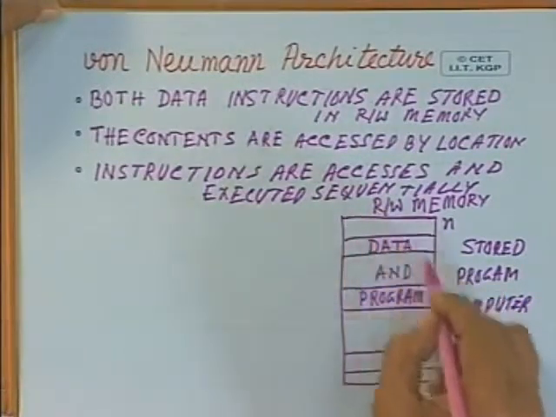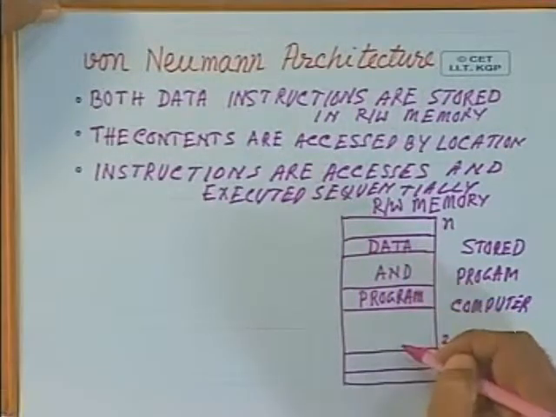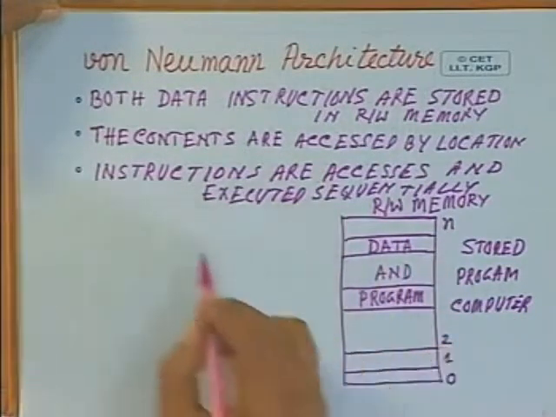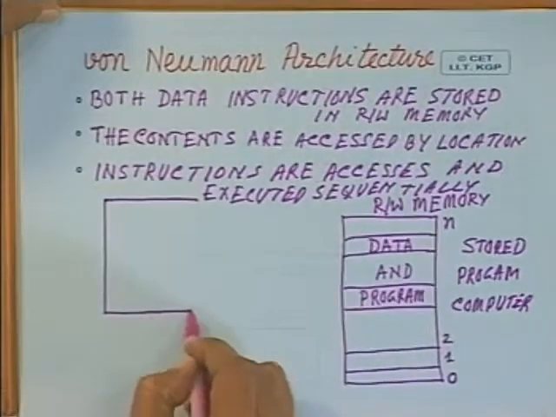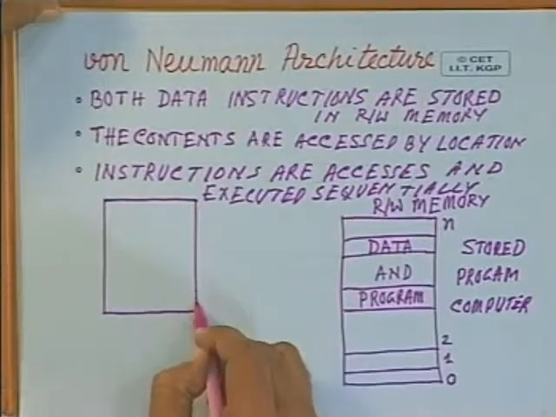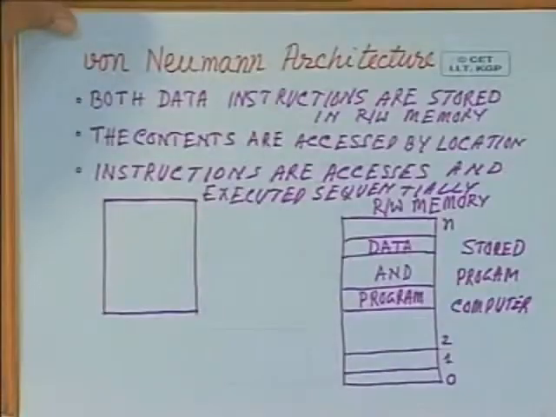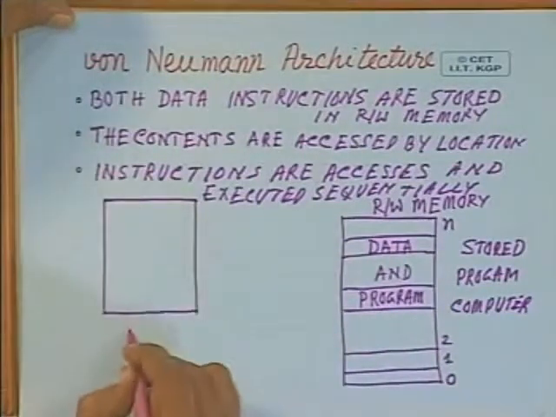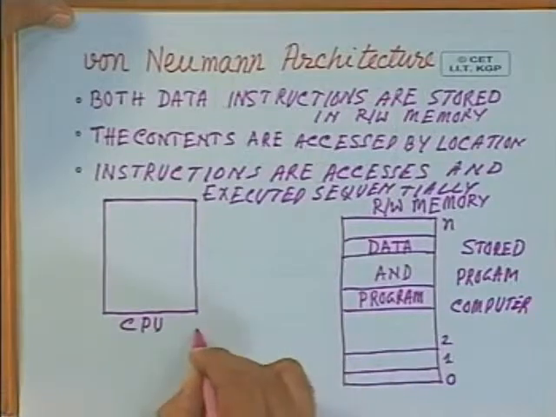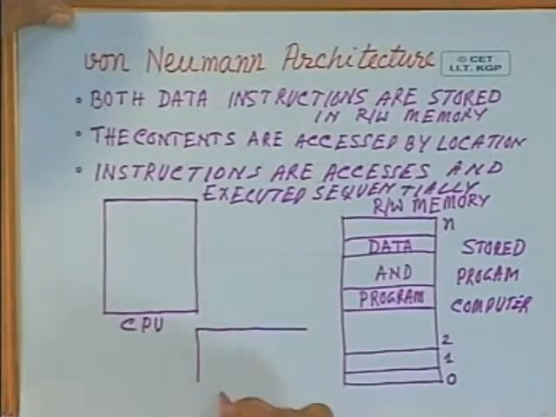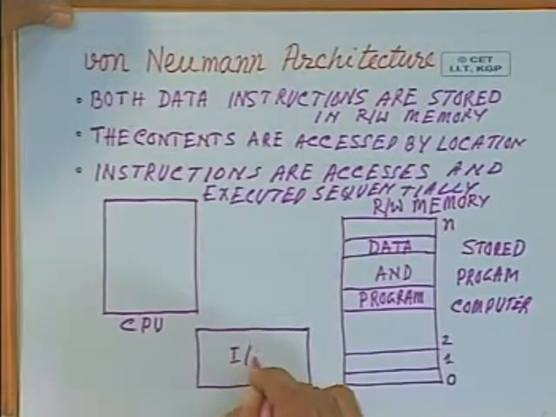Now, in this memory we will be storing data and program. How will they be executed? You will require a subsystem, as I have already mentioned, the CPU. This is the CPU. And also, you will require various input-output devices or peripherals.